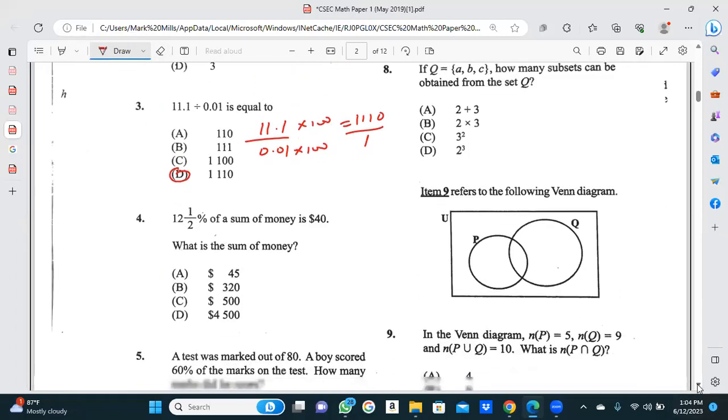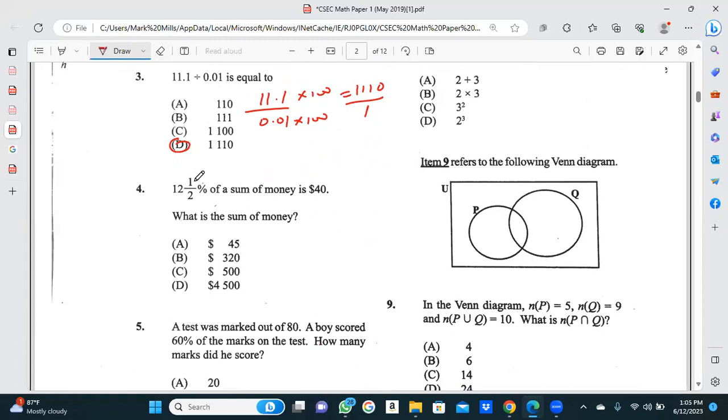Next, number 4. 12 and a half percent of a sum of money is 40. So 12.5 over 100 times x is equal to 40, right? So this gives me 12.5x is equal to 40 times 100. So we have x is equal to 40 times 100 over 12.5.